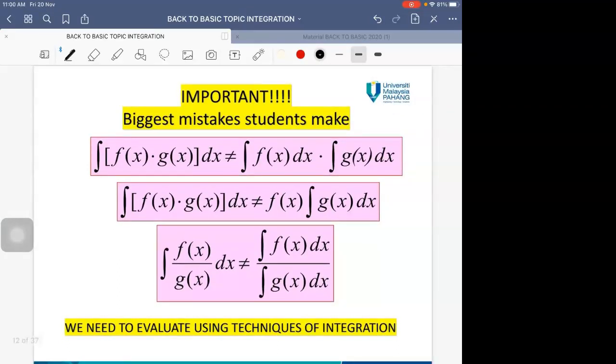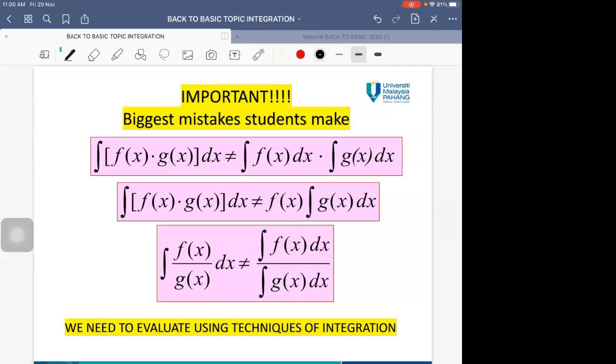Look at your screen now. This is the biggest mistake that students always make when solving integration. No matter whether you are a first year, second year, third year or final year student, you always face these mistakes. Let me highlight here.